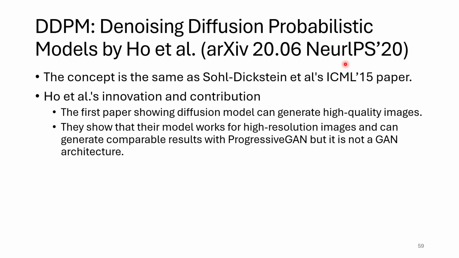The concept is identical to the ICML 15 paper, but there are some novelty and contributions. First, it is the first paper that can generate high quality images, and it is also the first paper to show a generative model comparable to GANs.